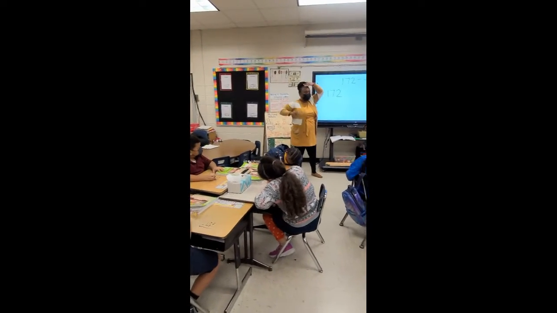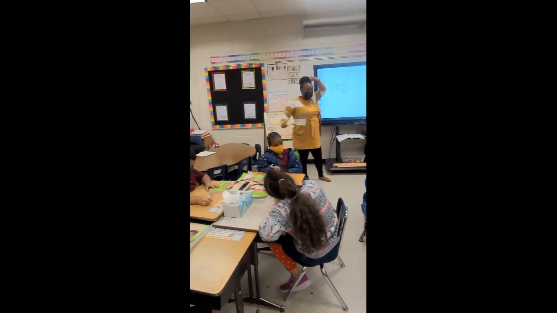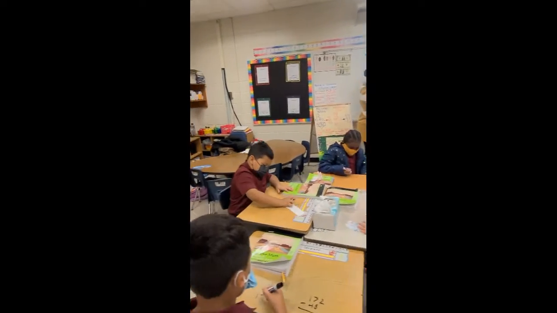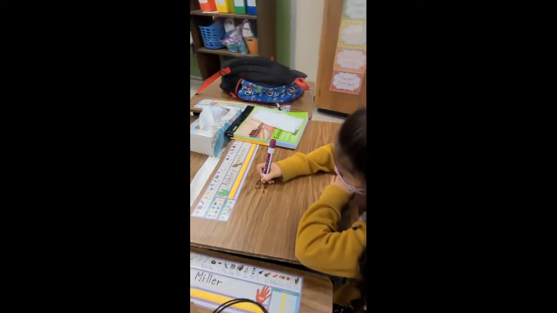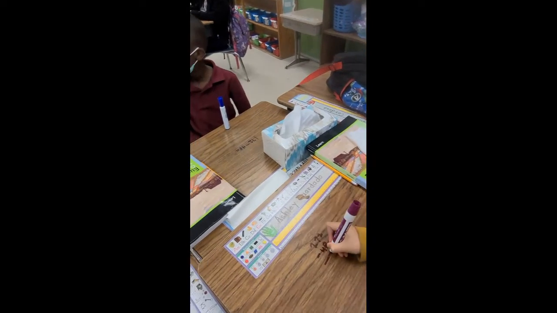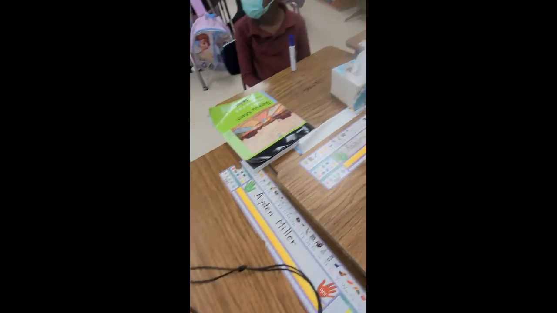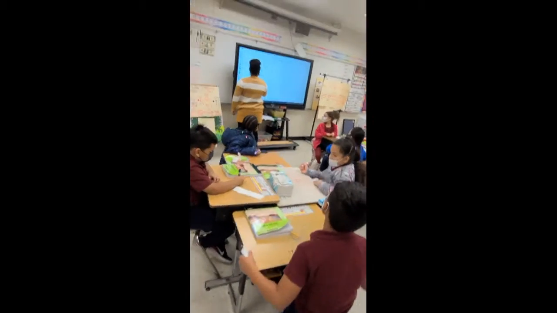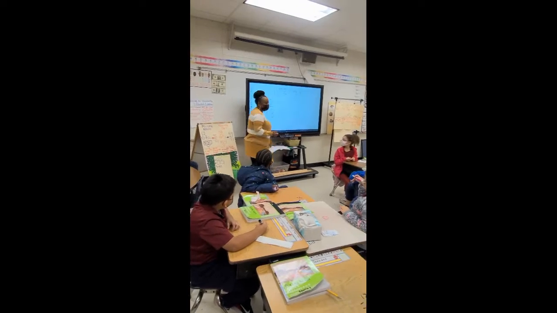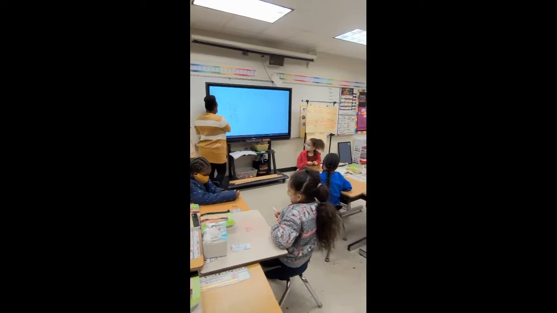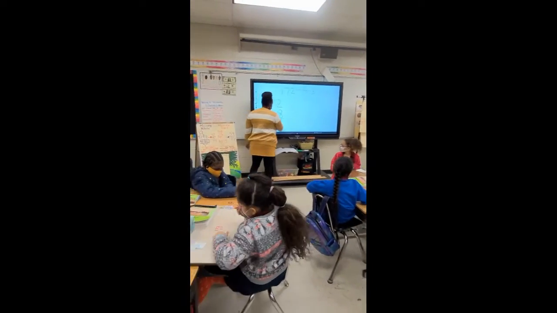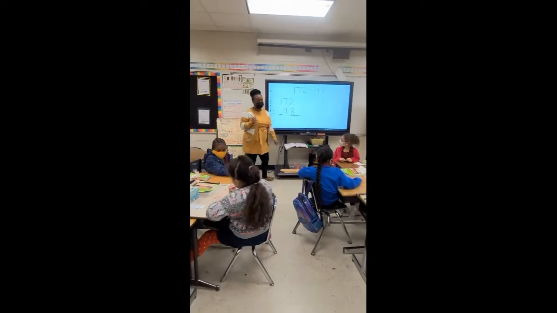And then what is your part that you're taking away? 48. And we know 48 is 4 tens, 8 ones. So my 4 is going to go under the tens place, and my 8 is going to go in the ones place. Okay? Subtraction sign to the side and line at the bottom to make it equal.